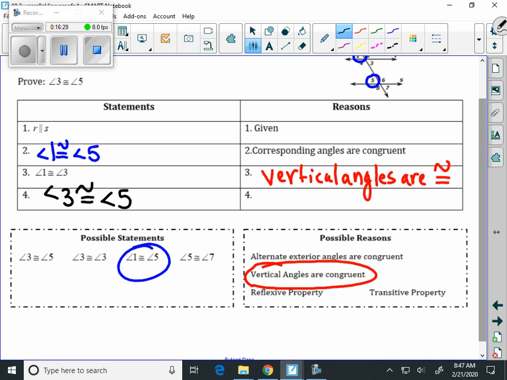And once again, what we know about all of these parallel lines is that angle 1 is congruent to angle 5. Angle 1 is congruent to angle 3. So we're transporting over angle 1. And when we transport, what we know is that we're working with the transitive property.